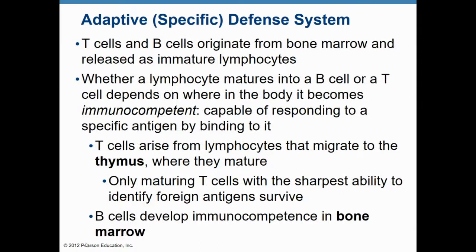Now, both T cells and B cells are going to originate from our bone marrow, and they are released as immature lymphocytes. Now, whether a lymphocyte matures into a B cell or it matures into a T cell, that is going to depend on where that cell migrates in order to receive its education.